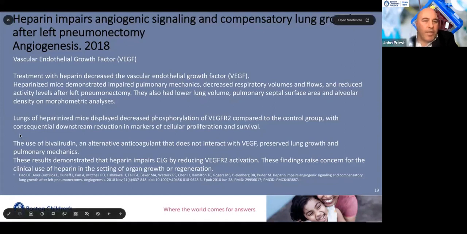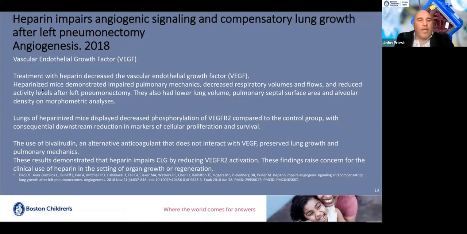What's interesting is they used either heparin or bivalirudin in these mice, and lungs of heparinized mice displayed decreased VEGF compared to the control group. The use of bivalirudin, which is an alternative anticoagulant that does not interact with VEGF, preserved lung growth and pulmonary mechanics.